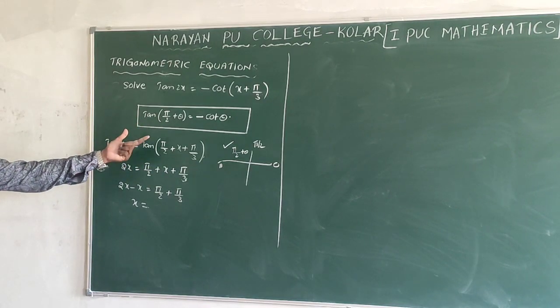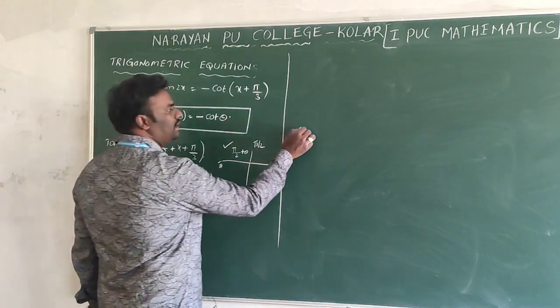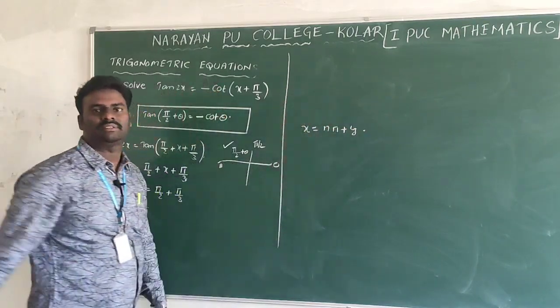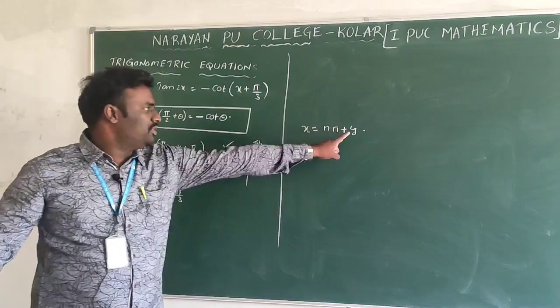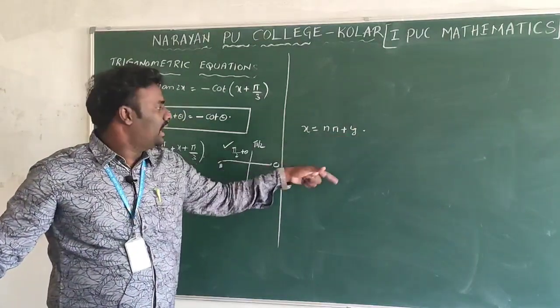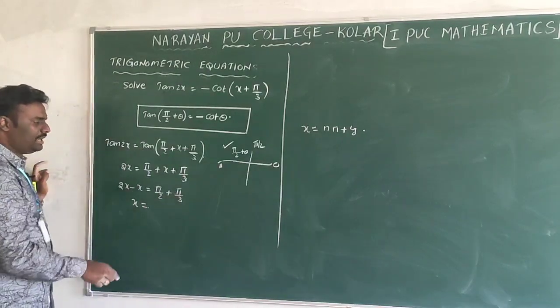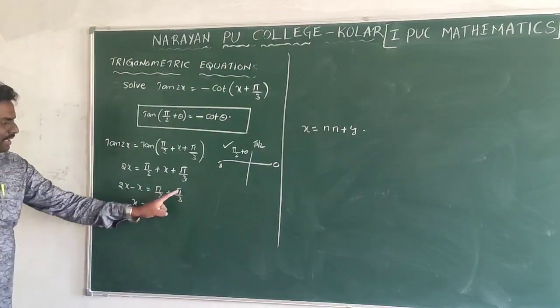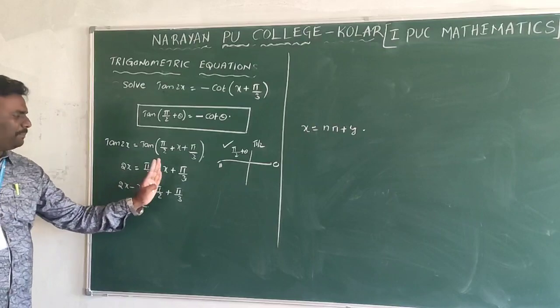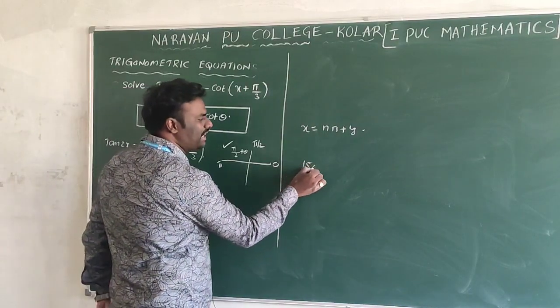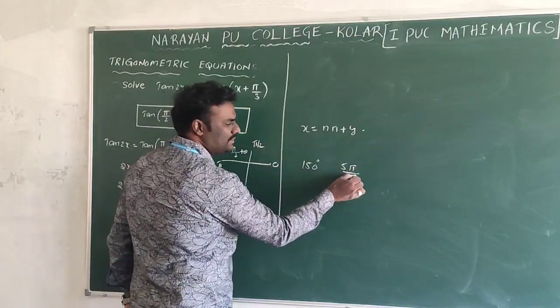What is the solution of tan x is equal to tan y? x is equal to n pi plus y you will get. So here we need to find the y value separately. See here, this is 90, this is 60. 90 plus 60 is 150. 150 can be written as 5 pi by 6.